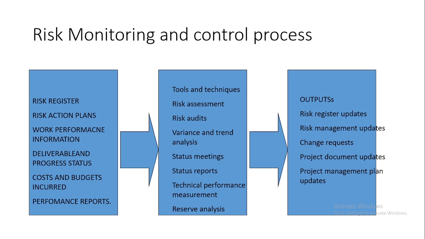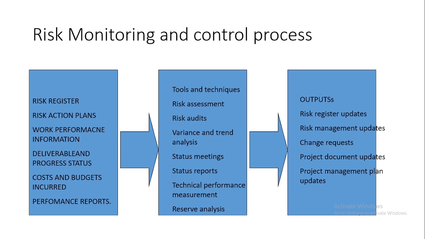All these inform you of your risk monitoring. Risk registers, you can look at what is listed in the risk registers, so that you monitor and control and manage effectively. The risk action plans that have been given to you by maybe the project managers or coordinators, the work performance information, the deliverables and progress status. All these are inputs you need in your risk monitoring.